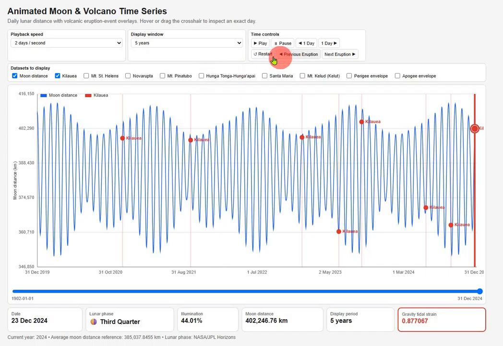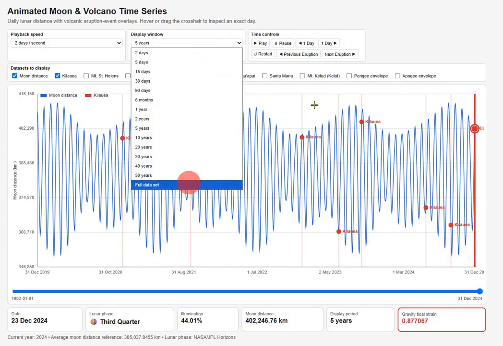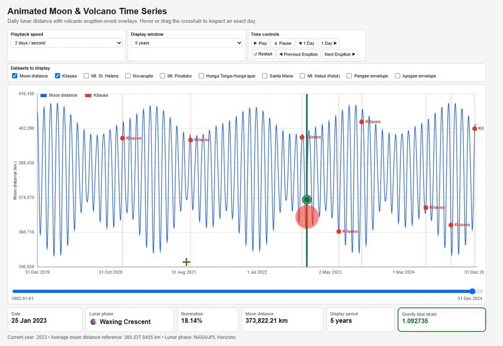And so, when we go through this, and this is indicated in the tidal strain because they're related, most of these eruptions in this 60-year period are happening when the moon is in this phase where it has less deviation in its orbit.